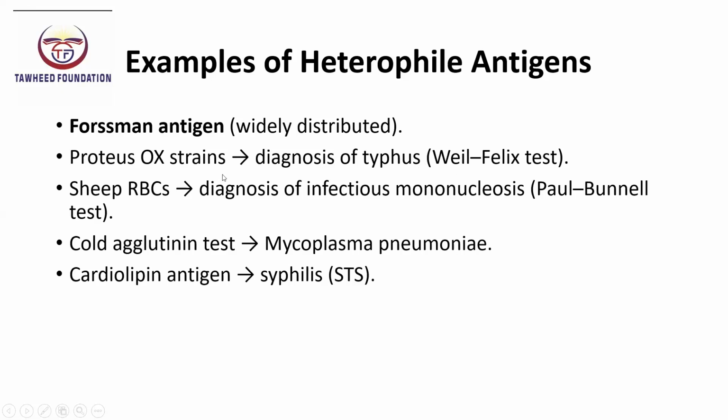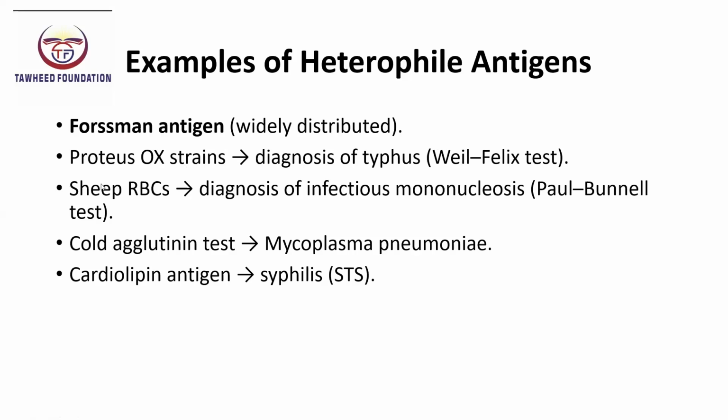Heterophile antigens have important diagnostic applications in clinical serology. For instance, Proteus OX strains such as OX19, OX2, and OXK are used in the Weil-Felix test to diagnose typhus fever. This test relies on the cross-reactivity between Proteus antigen and antibodies produced during infection with Rickettsia species.